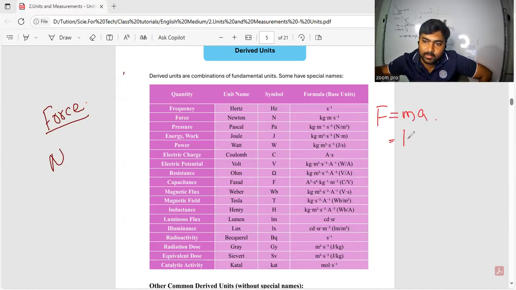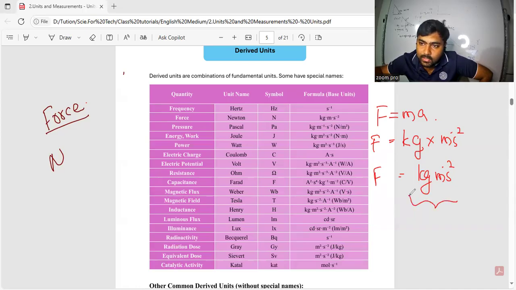M means mass. Mass is measured by kilogram. Then a is m s^-2. So the final unit should be kg m s^-2.